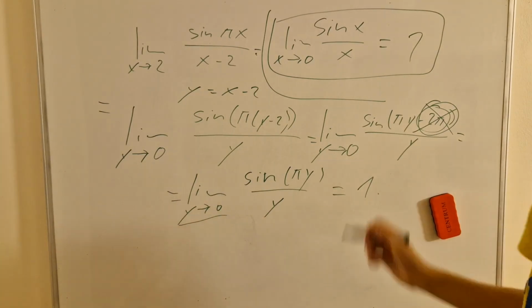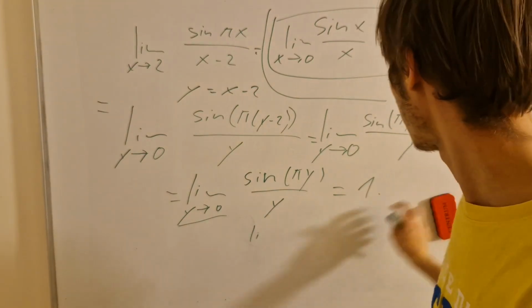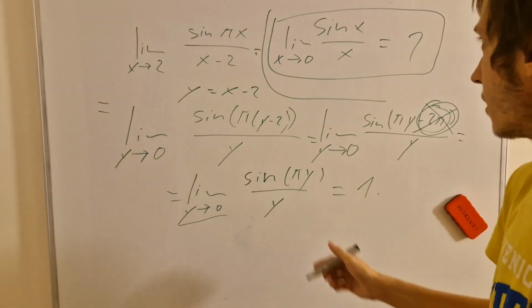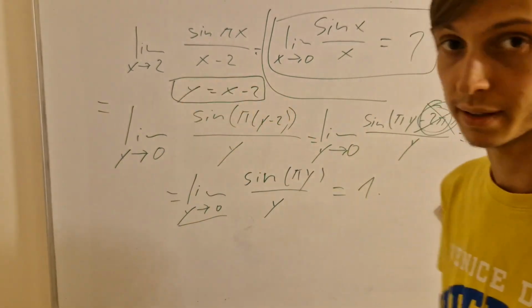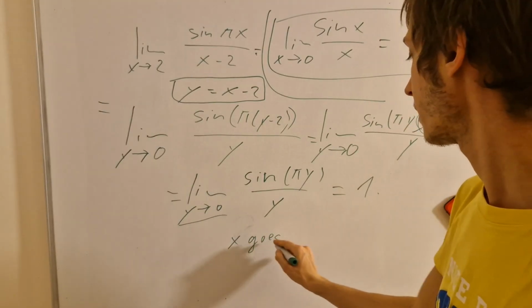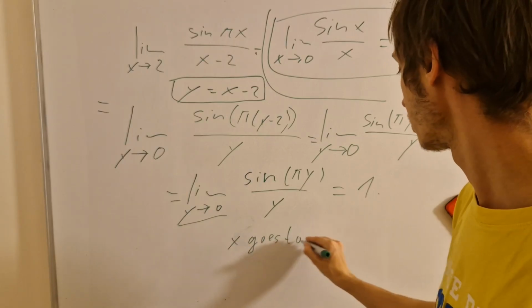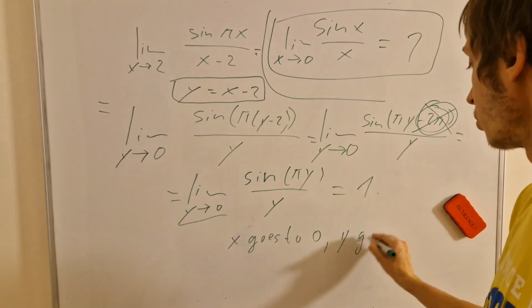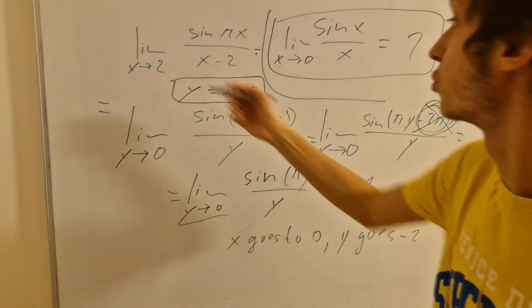And let's also check one more thing. If we have the substitution, we should also check what happens. We should always think about this. So if x goes to 0, then y goes to -2, or if x goes to 2, y goes to 0.